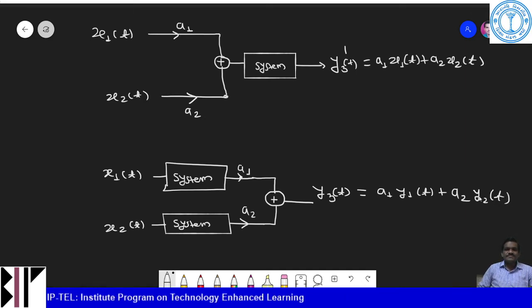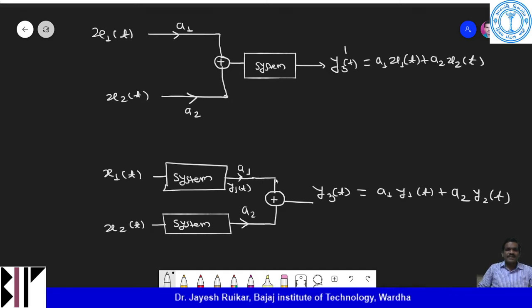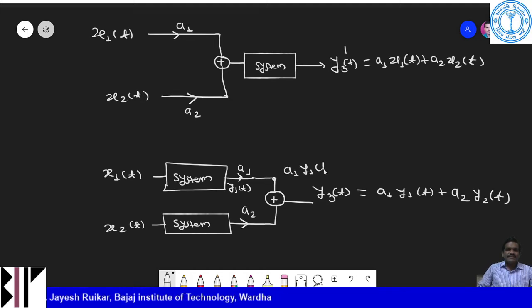See here. x1 of t is passed to the system, so it gives you y1 of t, and then that y1 of t is multiplied by a1. At this point, the signal is a1 y1 of t.